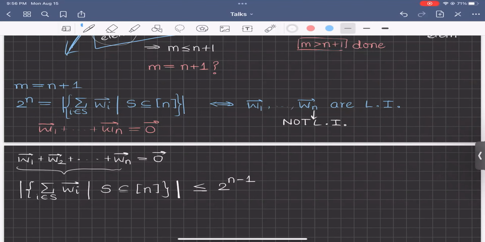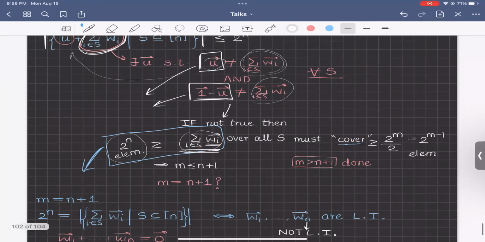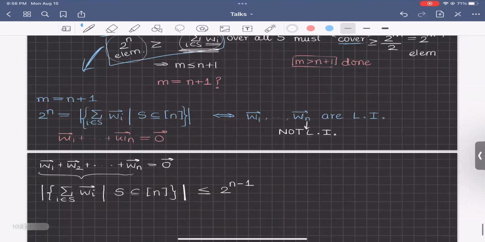Strictly smaller than 2 to the n is enough. But the point is that now we know that this is at most 2 to the n minus 1. And if we had assumed the contrary, then this would have been at least 2 to the m minus 1, which would mean that m is at most n, which is a contradiction.